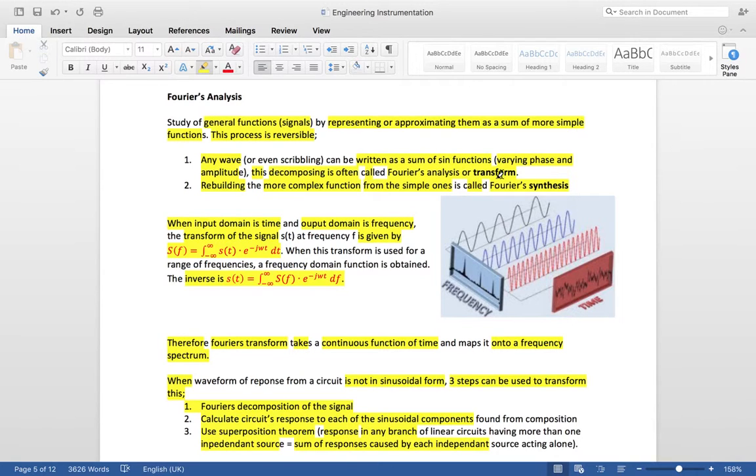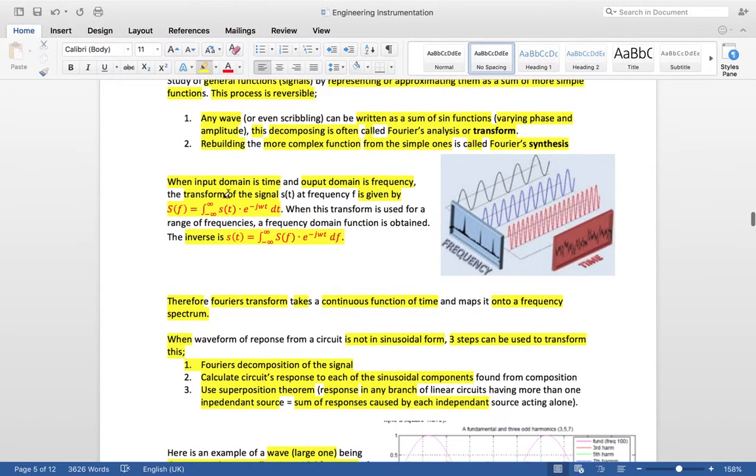So the Fourier transform means a complex function is decomposed into simpler functions. Rebuilding the more complex function the other way, as a sum of small functions, is called Fourier synthesis. Synthesis or synthesis, I'm not sure how to pronounce this.